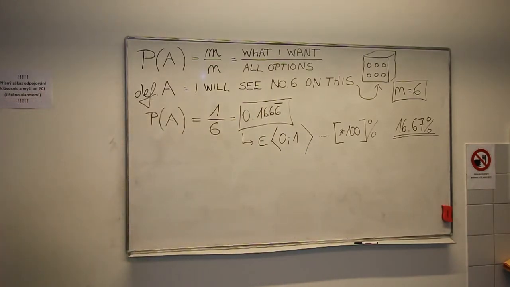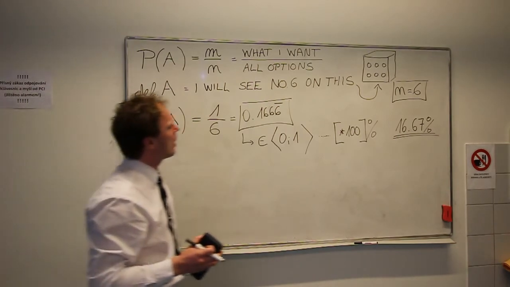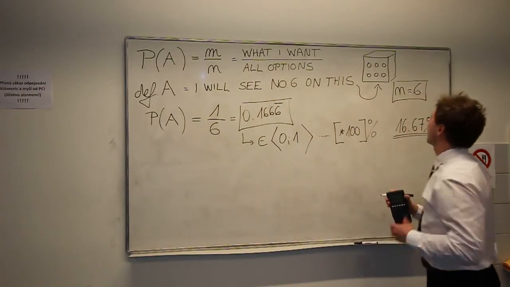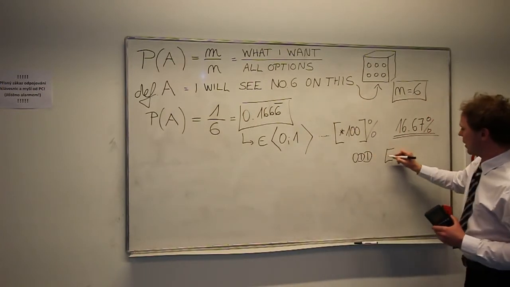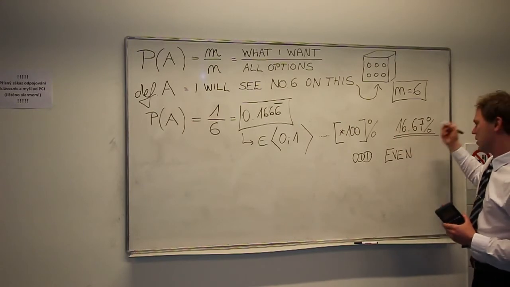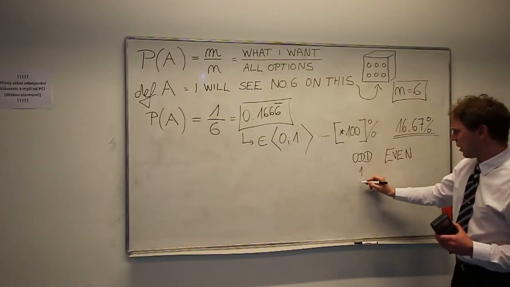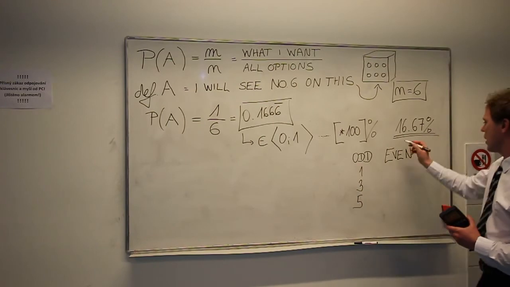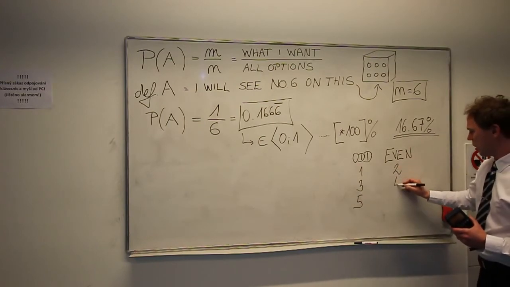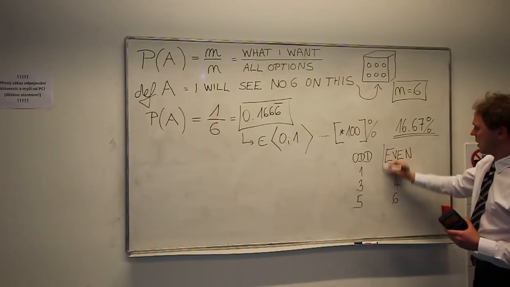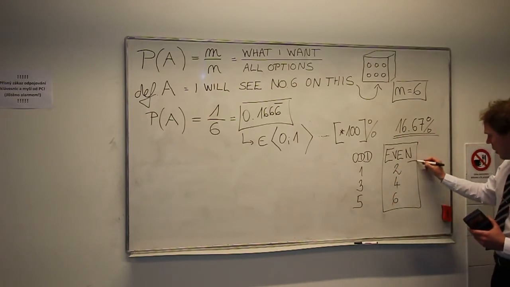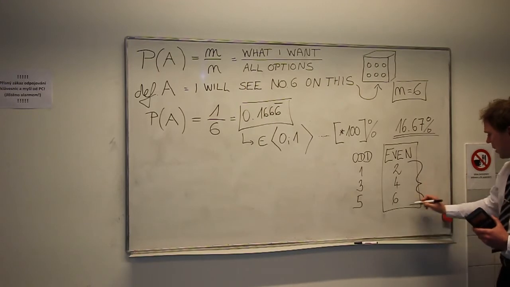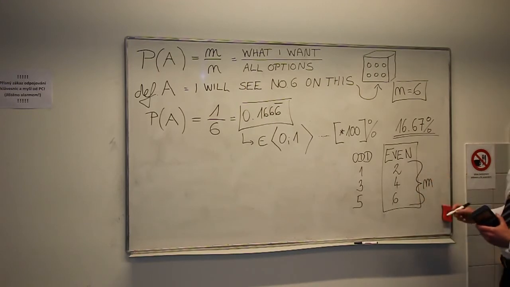What else? In one roll, there falls an even number on this dice. So we have odd and even numbers. Odd is 1, 3 and 5, and even 2, 4 and 6. According to this situation, what is M?